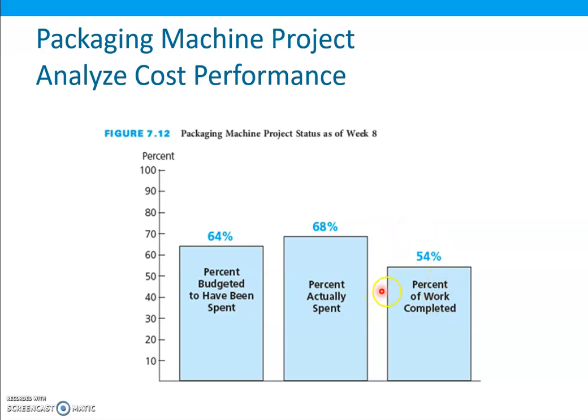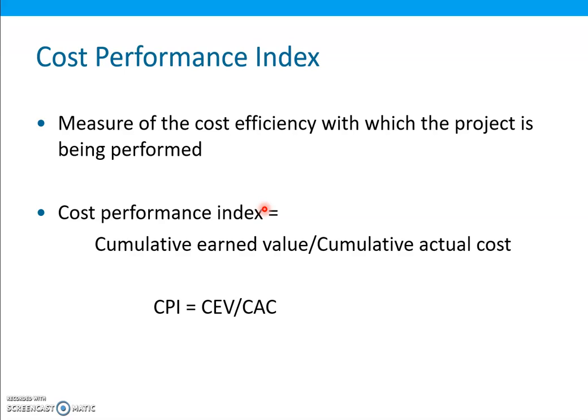That means this much amount has been earned, and the project has performed less than it was required to do. So the comparison is between the earned value and the actual spent, and the earned value and the budgeted spent values. That comparison we can perform in the form of certain variances and indexes. So let's look at first the index.